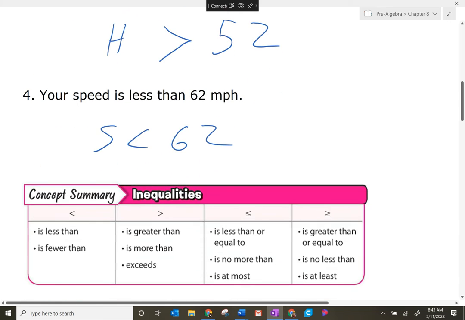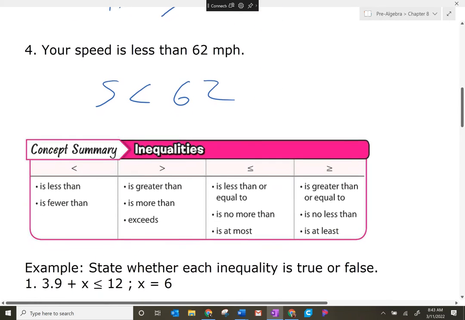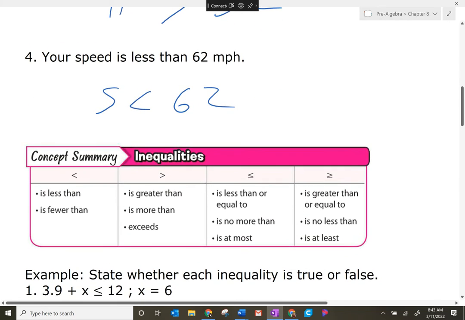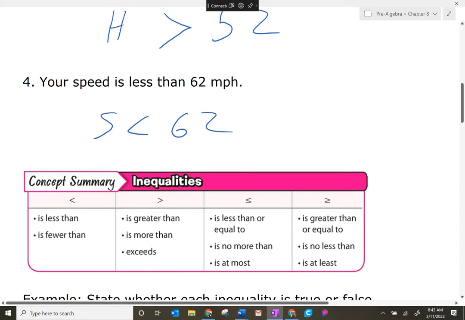All right, on to these ones. We wrote the definitions up top before. If you want to write some of these extra words, you can, some of the phrases that they use. We have less than is fewer than. Greater than is more than, exceeds. Exceeds means it's bigger.